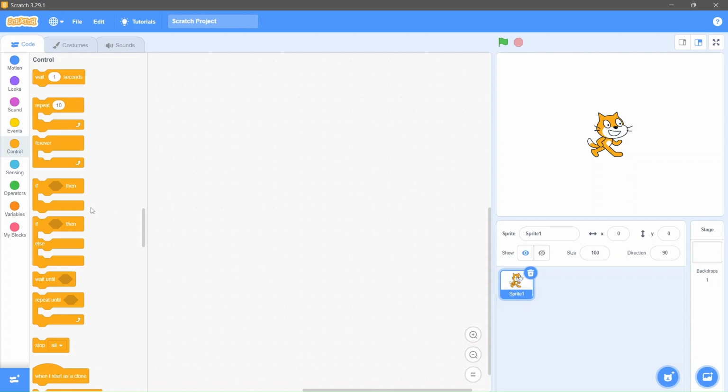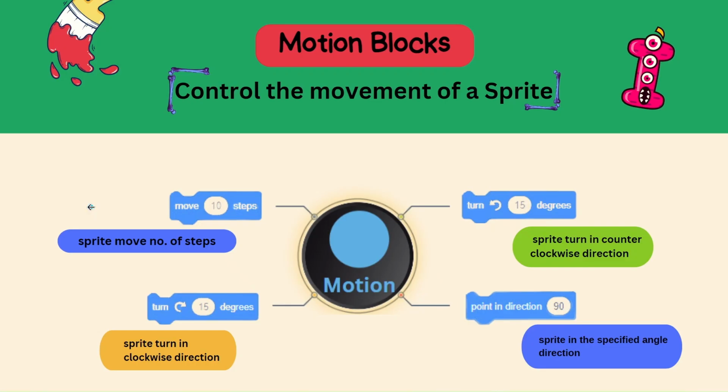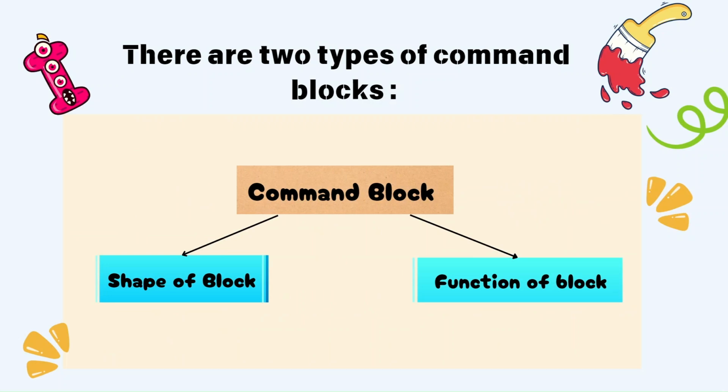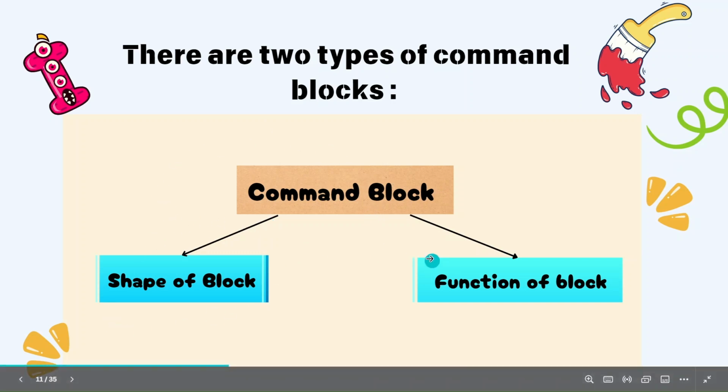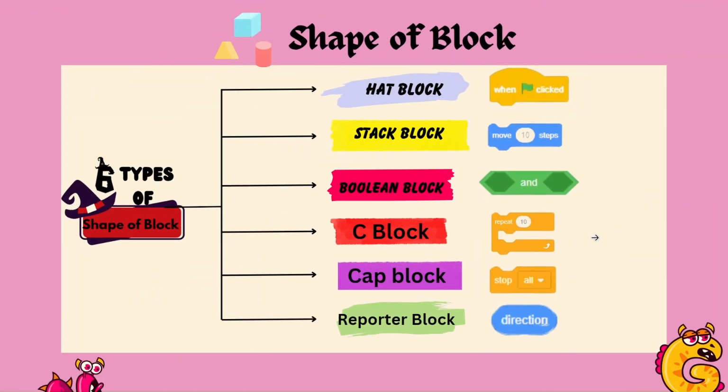Okay, so let's jump back there and see. As you can see here, these are different motion blocks we are going to deal with. As we are dealing with different kinds of command blocks, let us categorize them for a better understanding. These command blocks are basically divided in two parts, on the basis of shape of block and then on the basis of function of block. Let us see how we can categorize them on the basis of shape.